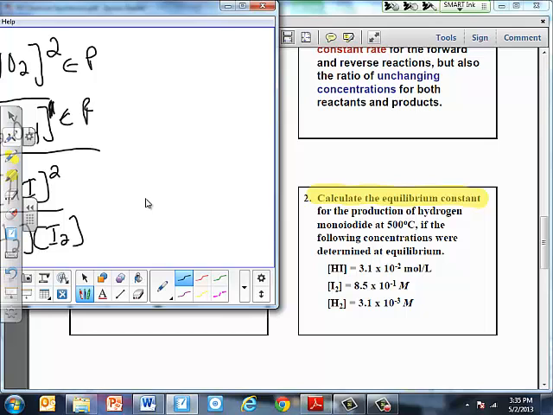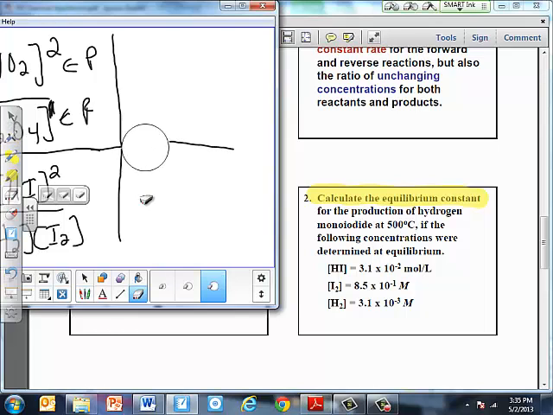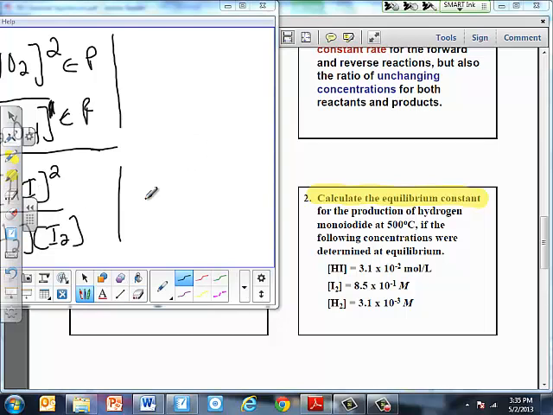Alright, the next thing that we have to do is calculate the equilibrium constant for the production of hydrogen monoiodide, as we call hydriodic acid, if the following concentrations were determined at equilibrium. Let me jot these down first, and then I'll bring up the Power Smartboard app.